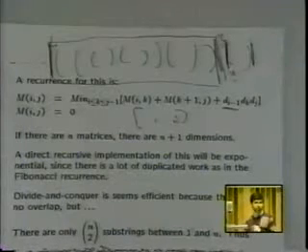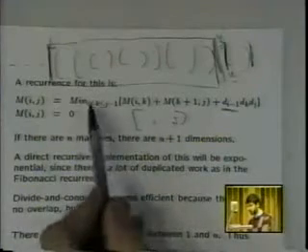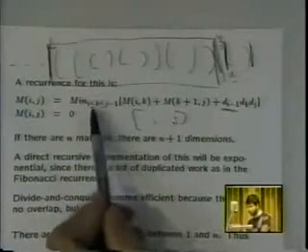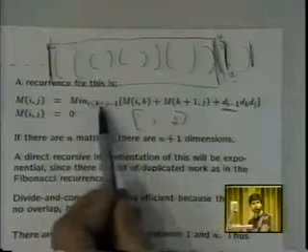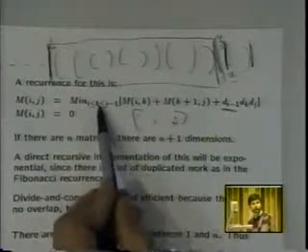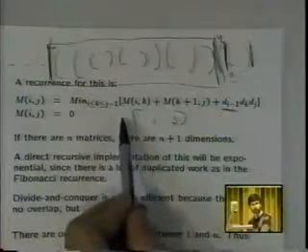How much time does it take to evaluate each one of these things? How much time does it take to evaluate the value of m sub ij? What's it got to do? It's going to be taking the minimum over all k values in between. How many different values are there here? j minus i, or at most n, because the difference between 1 and n is the biggest possible thing.